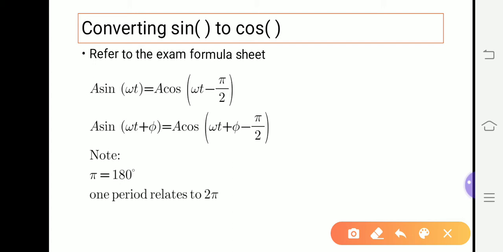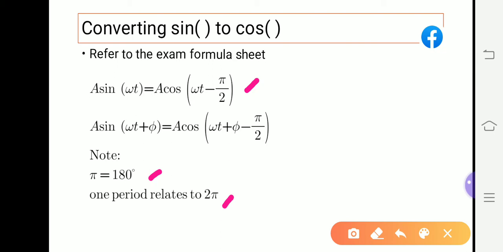So A sin(ωt) is actually equal to A cos(ωt − π/2). π is 180 degrees, and one period, one whole cycle, represents 2π. So sin(ωt) is equal to cos(ωt − π/2), or minus 90 degrees.